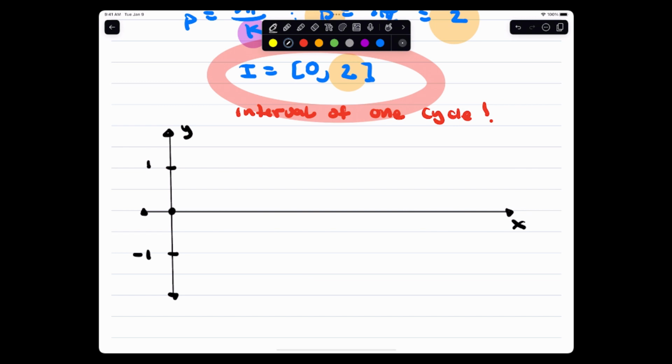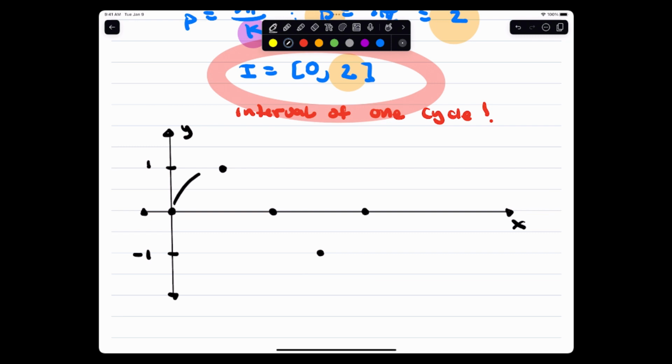Sine starts on the x-axis, is that right? And then it goes to the what? It goes to a highest point, a maximum. It comes back to the x-axis. It goes to a minimum, and then it comes back to the x-axis.